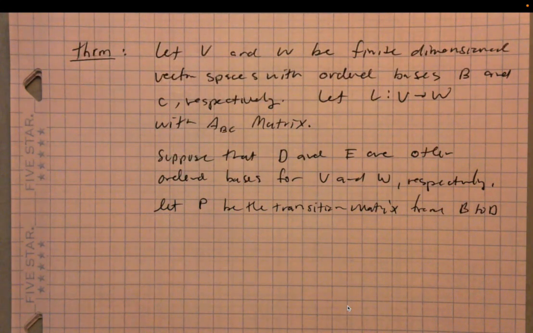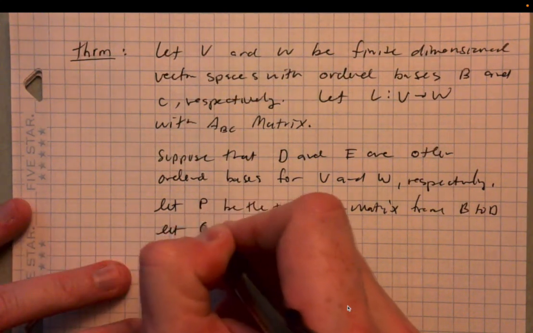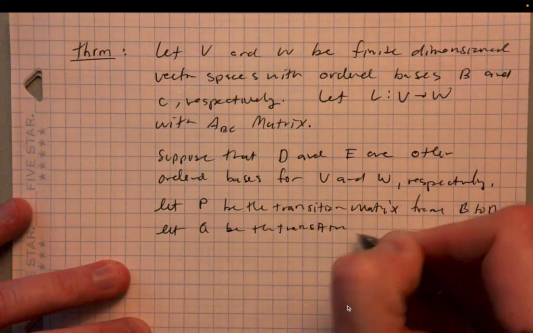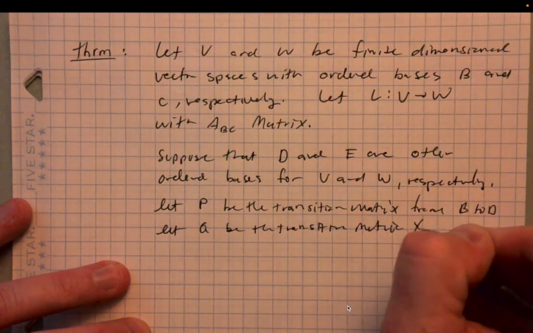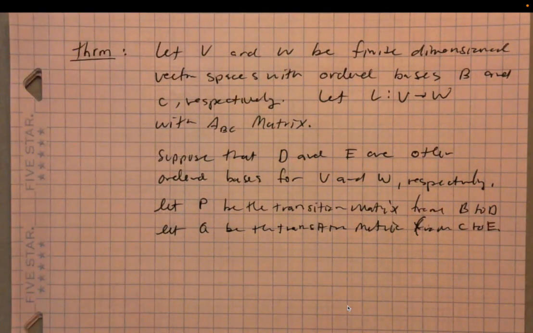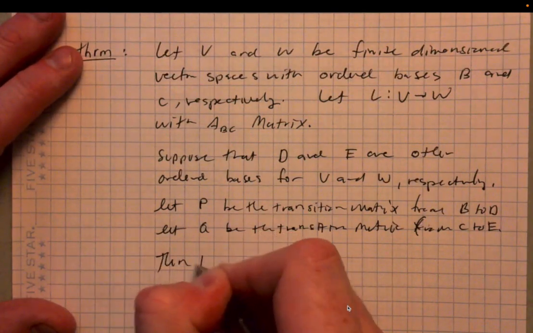And we're going to let Q be the transition matrix from C to E. Okay, so I've got P, the transition matrix from B to D, and Q, the transition matrix from C to E.